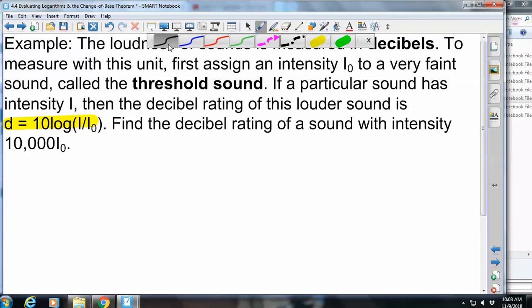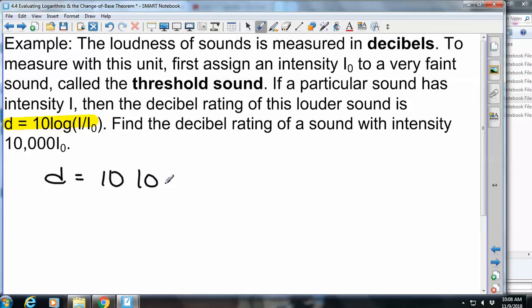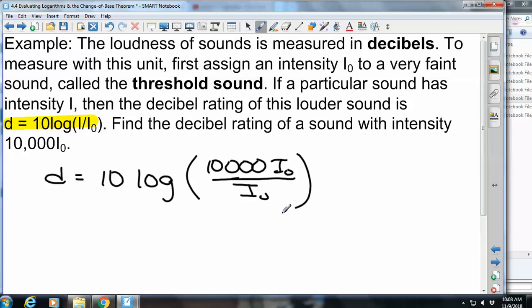I sub 0 is like a baseline that we're comparing it to. We want the decibel. This is the intensity of the sound. Intensity is I. So we are just going to go 10 log my I. So I just plugged in for my I in my formula.